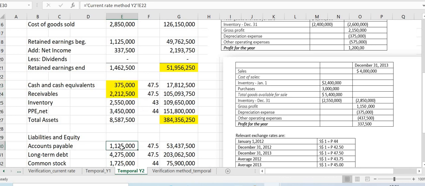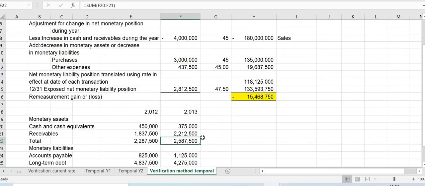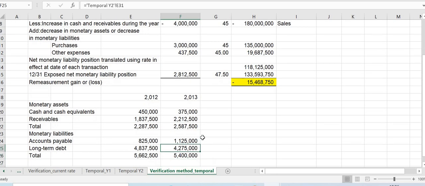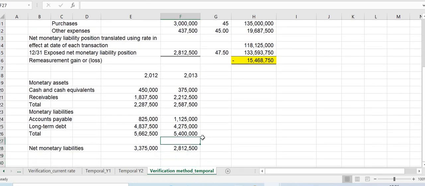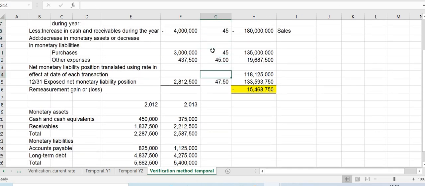Then the monetary liabilities natin amounting to 5,400,000. Yan. So we have net monetary liabilities of 5,400,000 less 2,587,500. You have 2,812,500. Okay? And then it is translated using the December 31, 2013 rate. So we have 133,593,750.